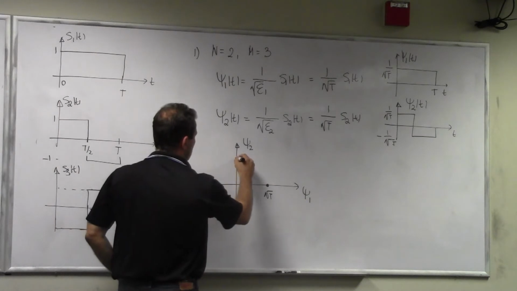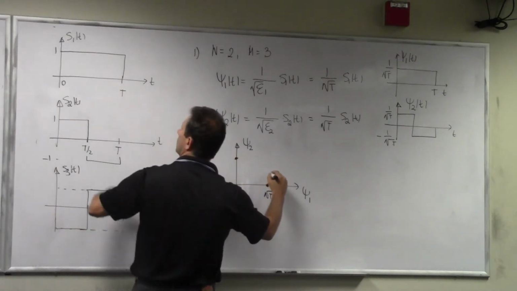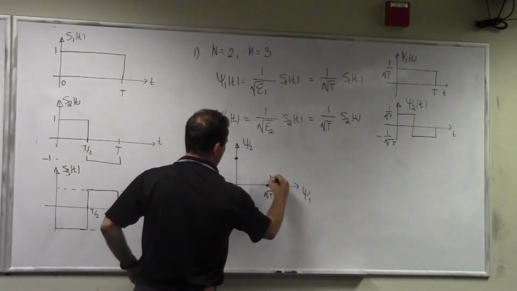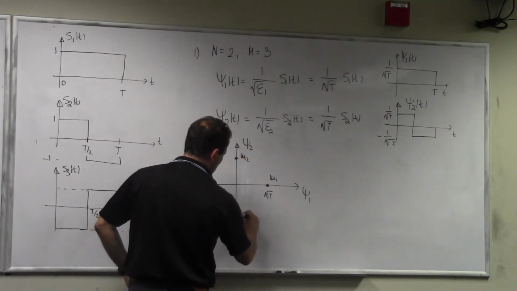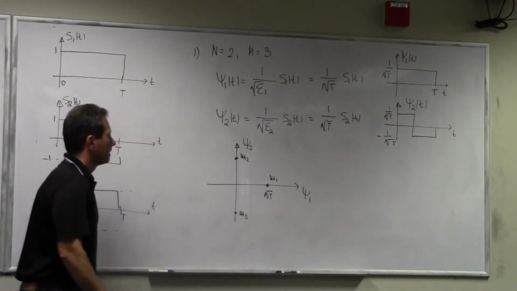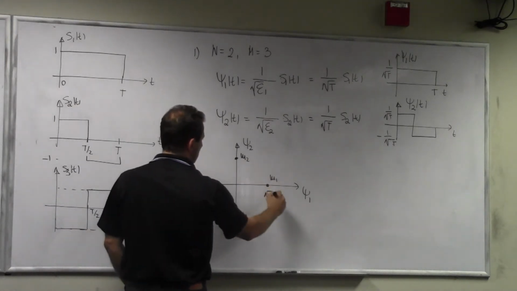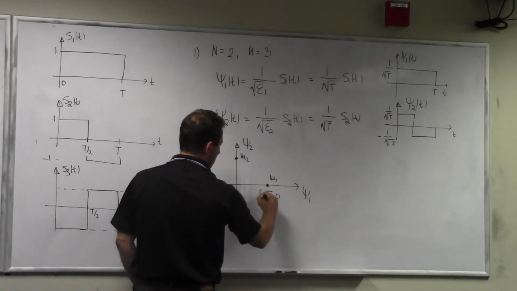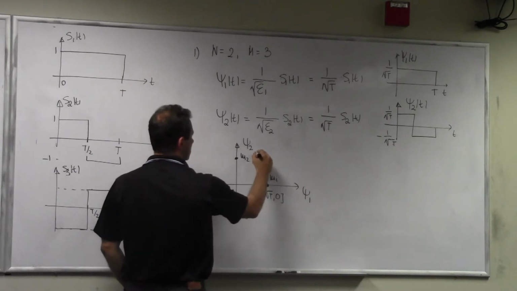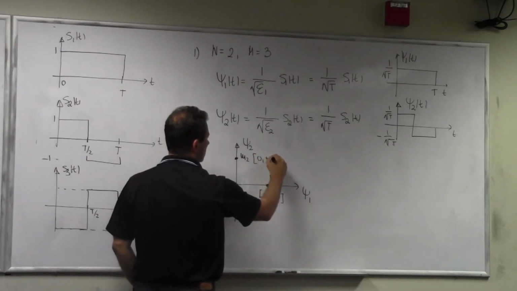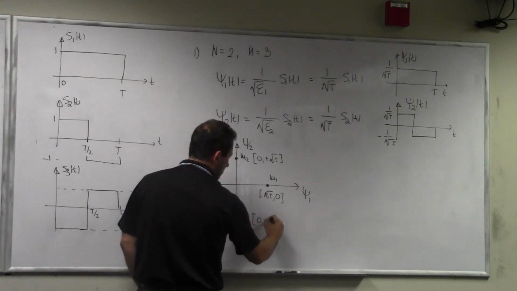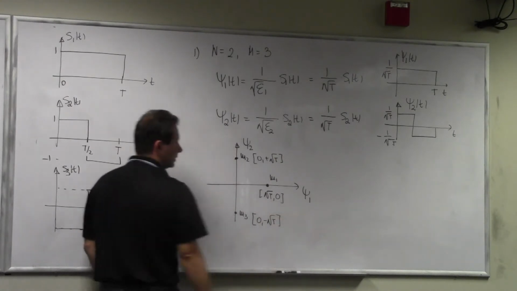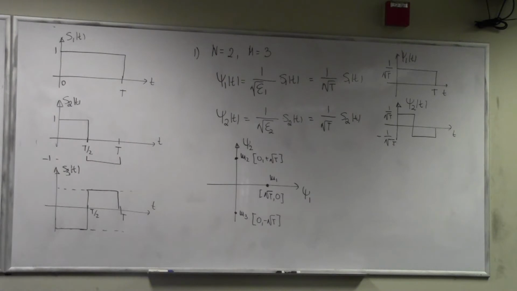So this is S2, or I should call them as they're called over there, M1, M2, and this is M3. And this is square root of T, 0. This one here is 0 plus square root of T. And this one here is 0 minus square root of T. So those are the three symbols in my constellation.